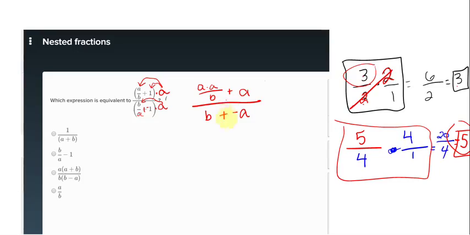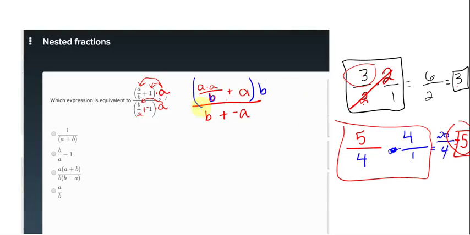Now I've got the bottom taken care of, but I still have a fraction within my larger fraction. So I'm going to take care of this fraction. To get rid of this b that is on the bottom of this fraction, I need to multiply this by b.